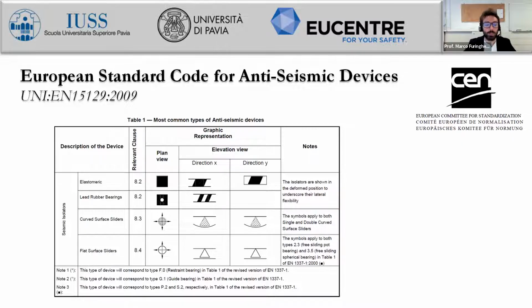And this is what happens with the elastomeric bearings, both purely rubber bearings and rubber bearings with the lead core, so lead rubber bearings. Because we will see on Friday, according to the design procedure, remember that all the isolation devices must be, at the beginning, just structural bearings.